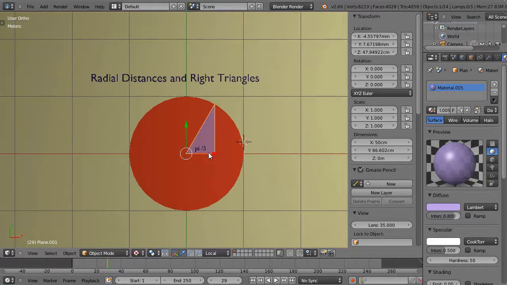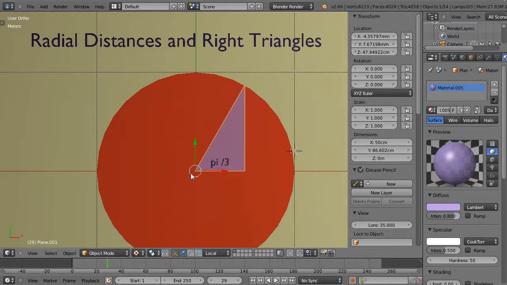But really there's a correlation. We're finding a correlation between this point, this xy coordinate, and how it is correlated between an angle right here and a distance.